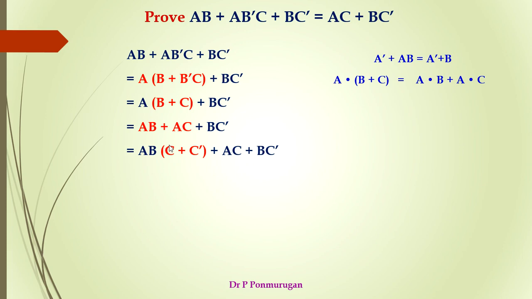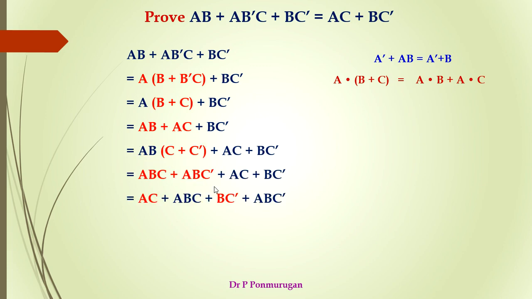If we include c plus c bar, we can rewrite it by using the distributive law as abc plus abc bar. Now we can realign the terms in this way to have AC as common from the first two terms and BC bar as common from the third and the fourth terms.